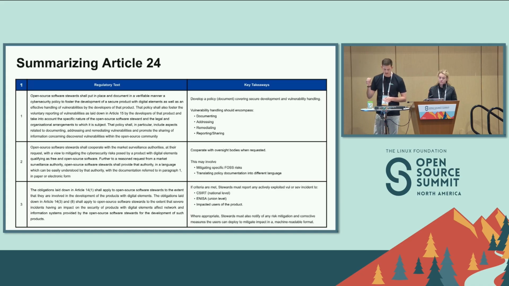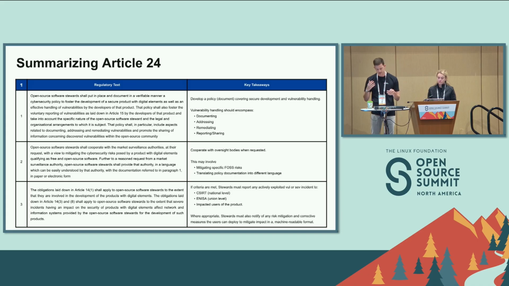And then finally, in the event that certain criteria are met, an example that's given in the text is a critical severity incident is detected in a system that the steward provides to support the development of a product. Only then would you be required to assist in reporting that incident or vulnerability at a national level to whoever the designated CSIRT is, at a union level to ENISA, or possibly to the impacted users of the product.